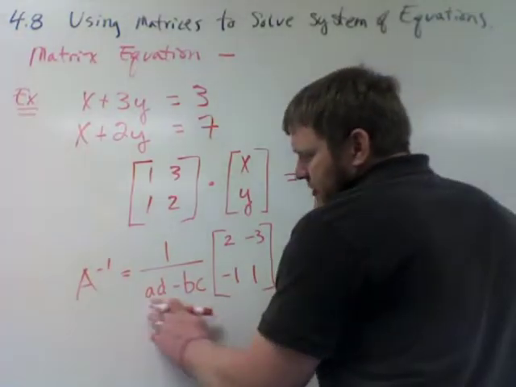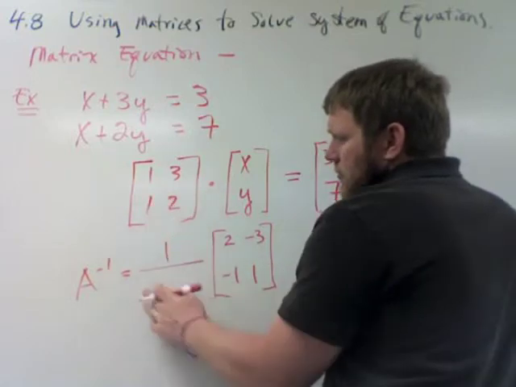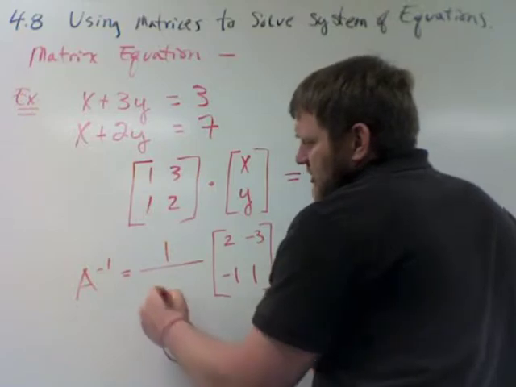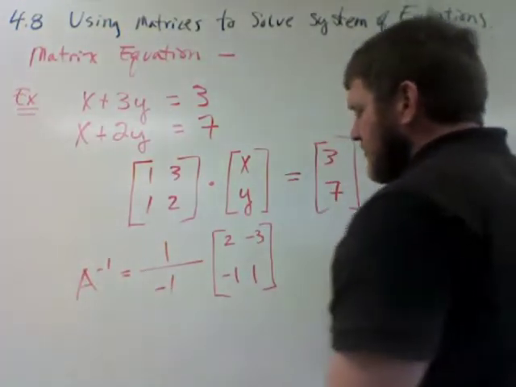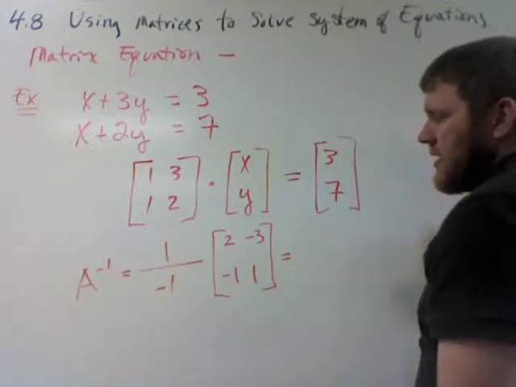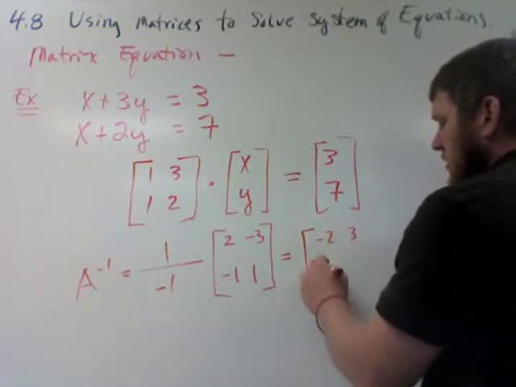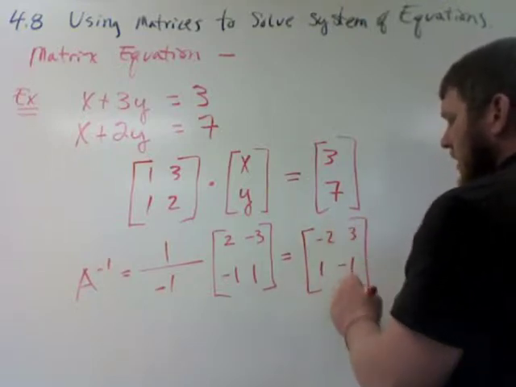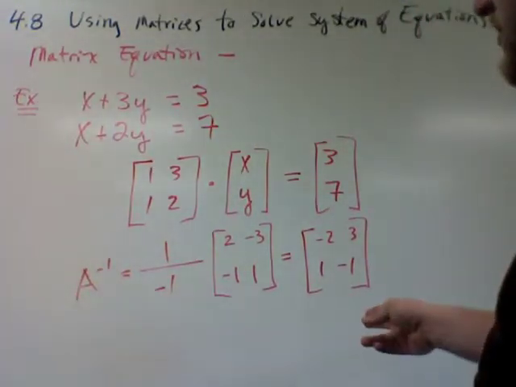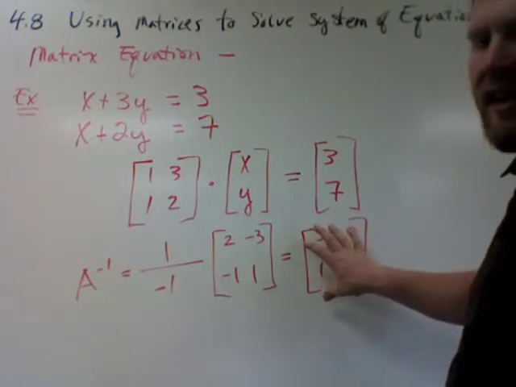To evaluate the determinant, I get 2 minus 3, which is negative 1, so I get a scalar multiplication of negative 1 there. I end up getting negative 2, 3, 1, and negative 1 as my inverse matrix.